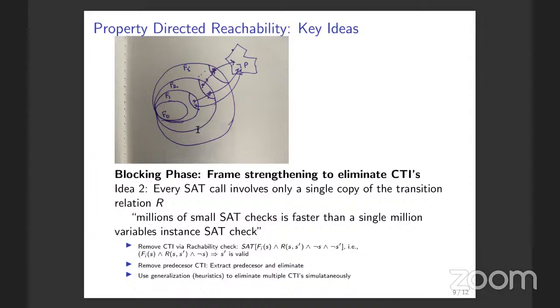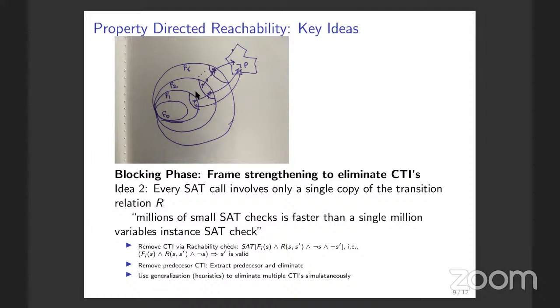At each step, it is only doing a one-step reachability check, because it has maintained these frames. It is checking only the reachability of a state in F_i to a CTI in F_i plus 1. And that's what it keeps doing.